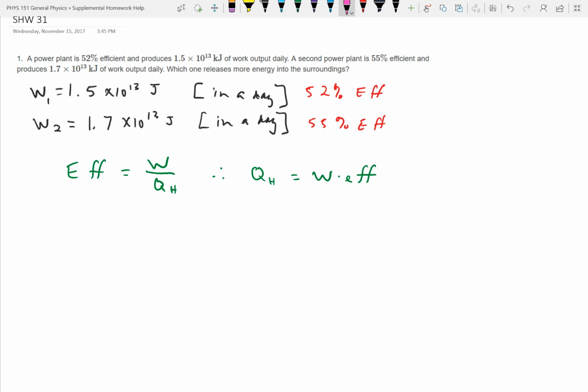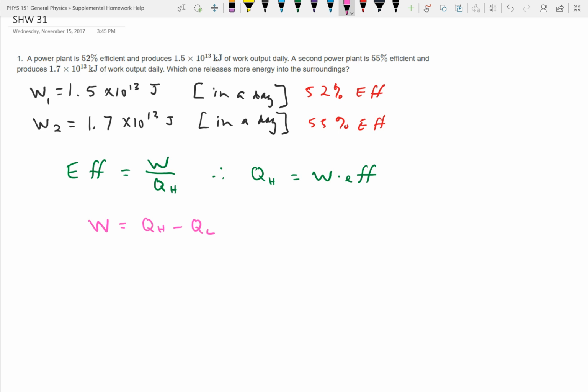That gives you the condition that the work is equal to QH minus QL. That was, I think, problem 2 from SHW30. Maybe it was problem 1, but it was one of the ones we did this morning. It had the change in internal energy equal to heat minus work.